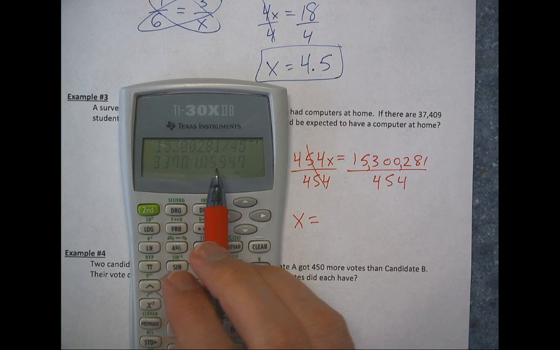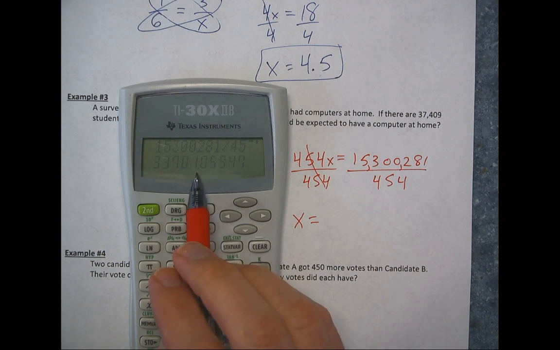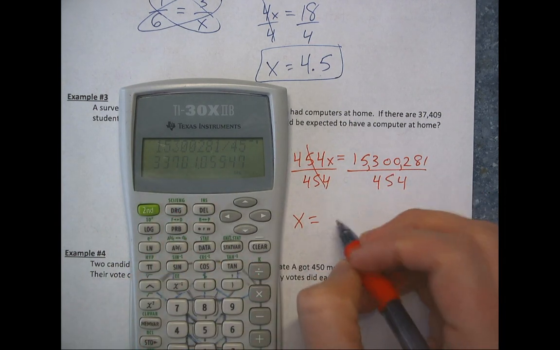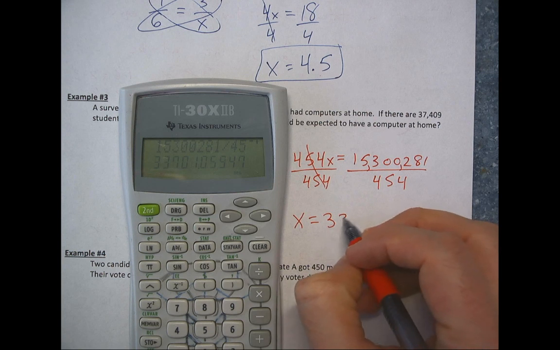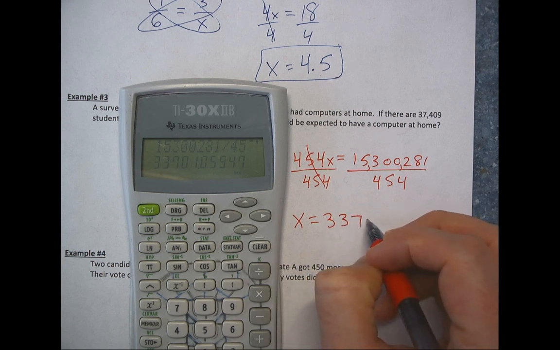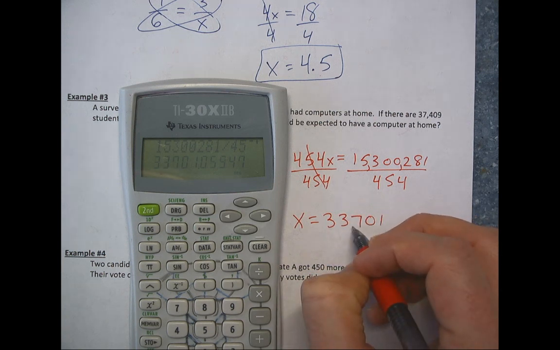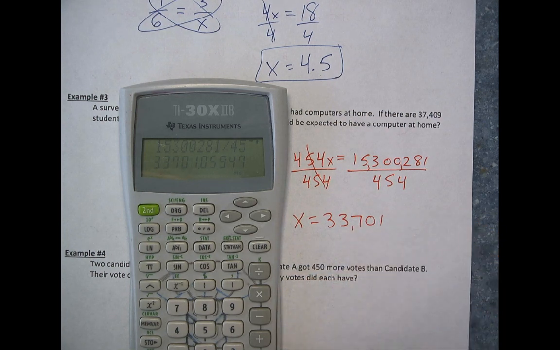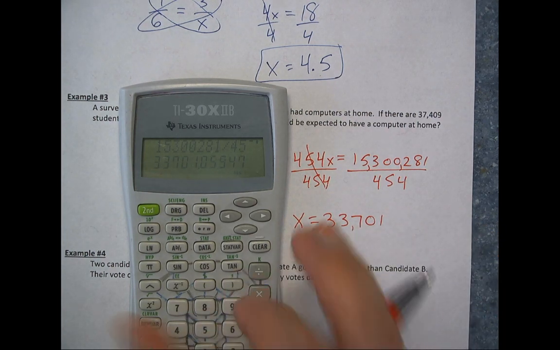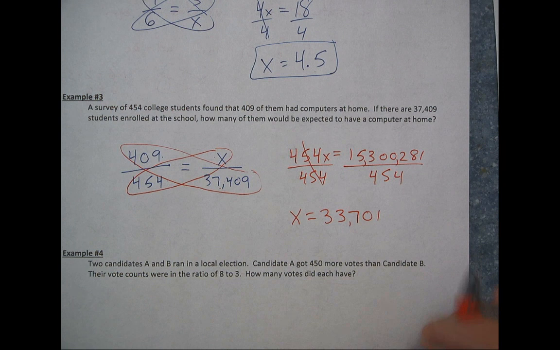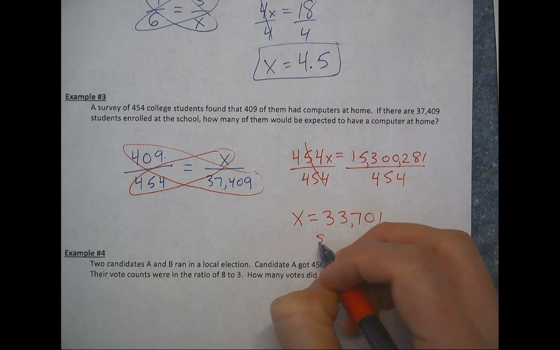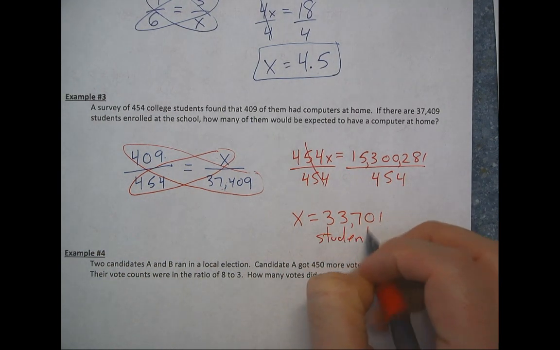So in this case, though, you can see with the 0 following the decimal, we can say confidently this would project out to about 33,701. Now, does this make sense? We always should go back and see, does this make sense? So this is the students with computers.